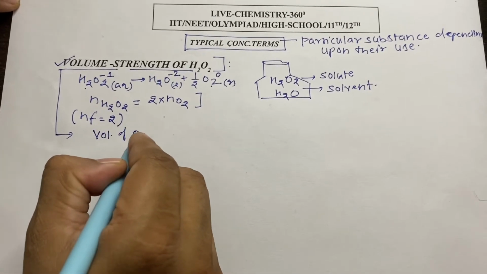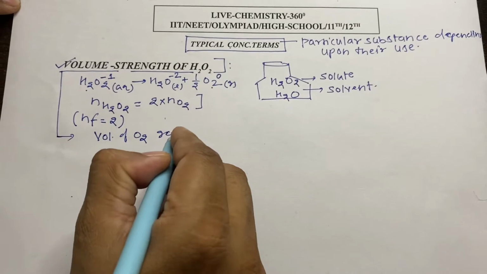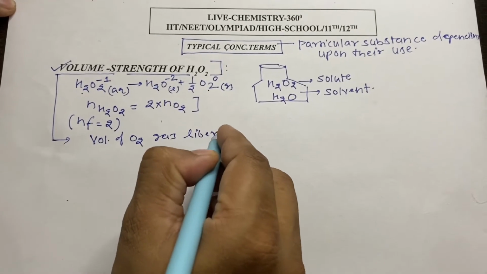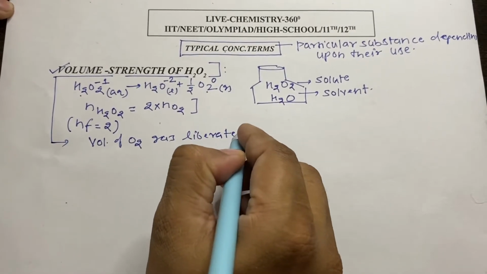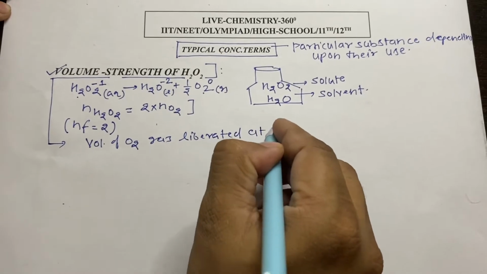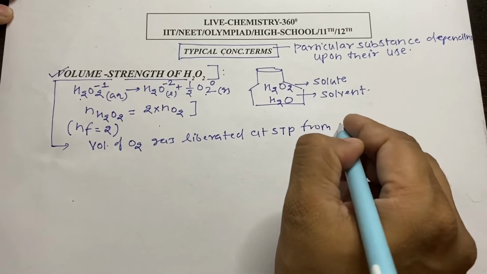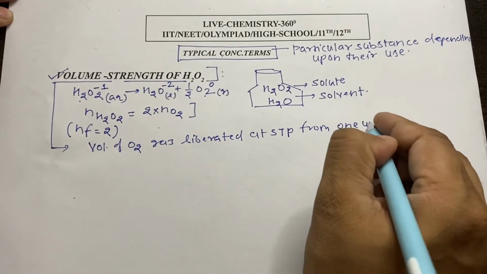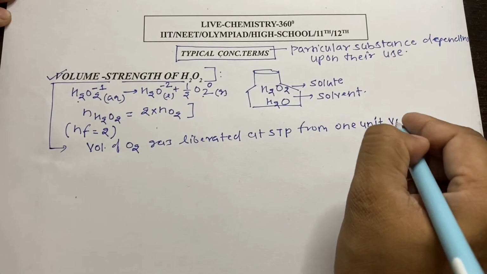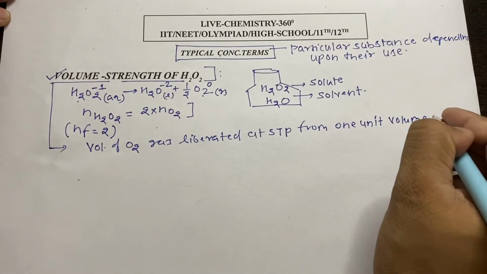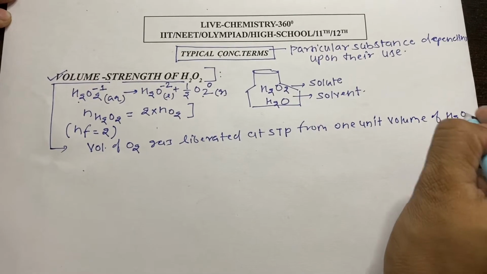Volume strength of H2O2 can be defined as the volume of oxygen gas liberated at STP from 1 unit volume of H2O2.